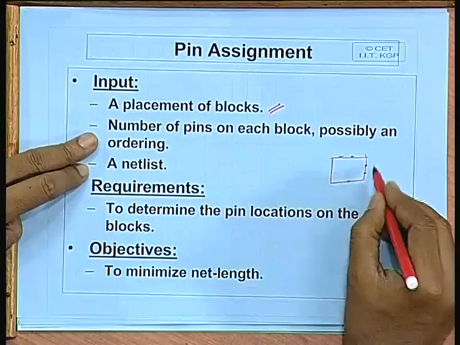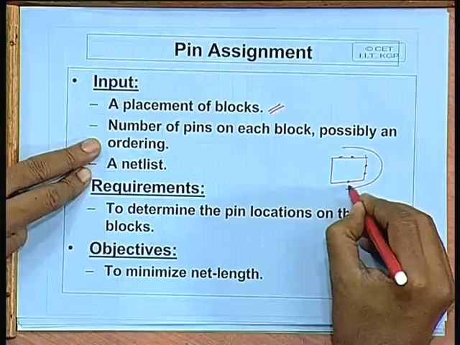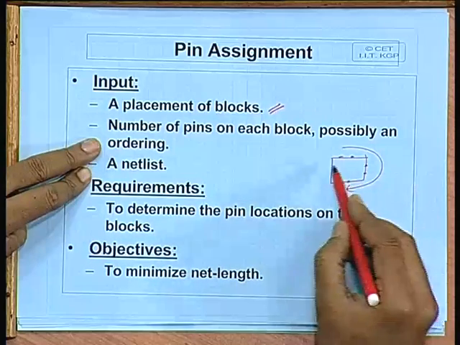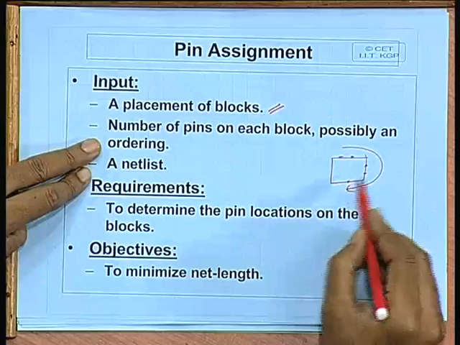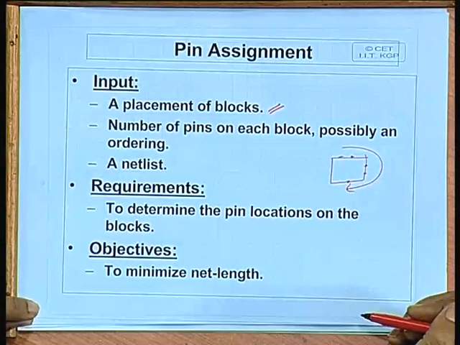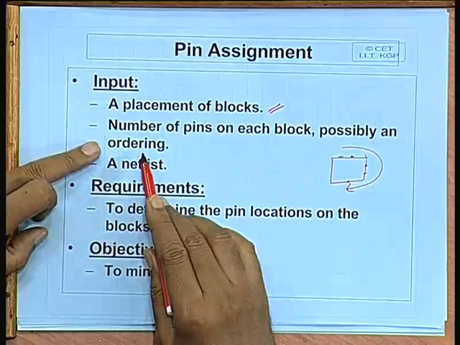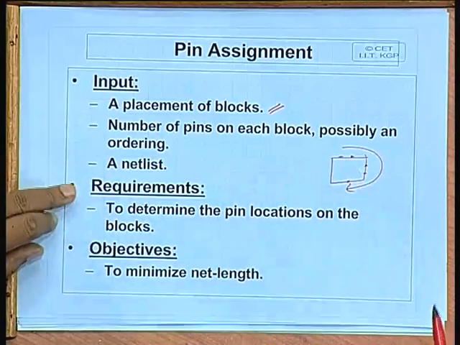Now, the exact location of the pins may not be known, but maybe you will specify an ordering that pin signal A will be first, then B, then C, then D, then E. The exact location you can fix up, whether it will be here or here, but the ordering can be specified by the user, and of course the netlist, how these blocks are interconnected.